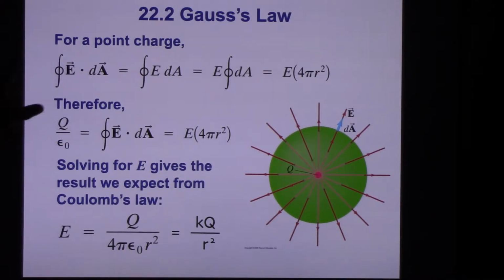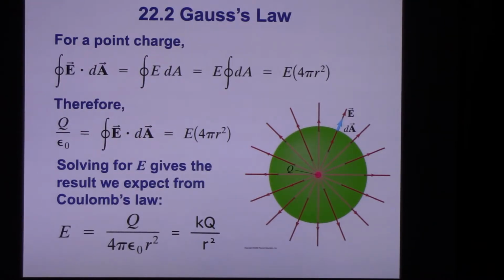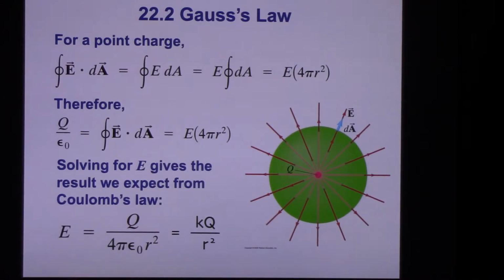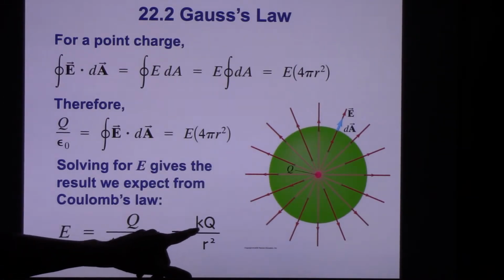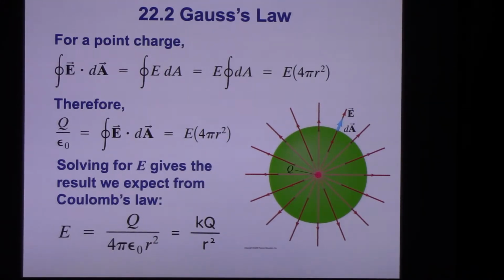So this Gauss's law approach predicts that for a point charge, the electric field will be given by Q over 4 pi epsilon naught r squared, or if we're using little k, k times q over r squared. That's our formula for the electric field.